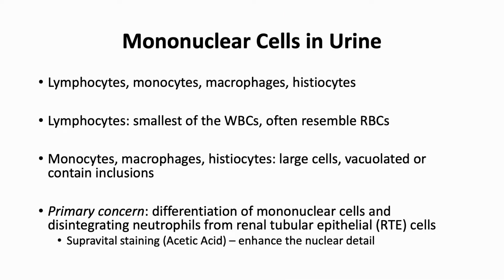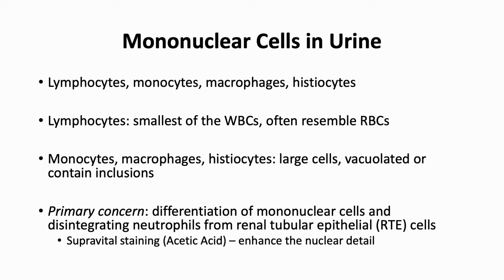Mononuclear cells in the urine can likewise be identified in the form of lymphocytes, monocytes, macrophages, and histiocytes. Lymphocytes are the smallest of the white cells and often resemble red blood cells. The monocytes, macrophages, and histiocytes, on the other hand, appear larger with a vacuolated cytoplasm or presence of inclusion bodies in the cytoplasm.